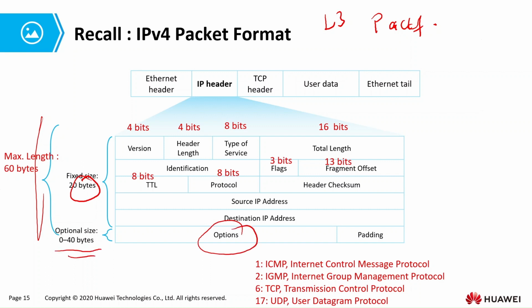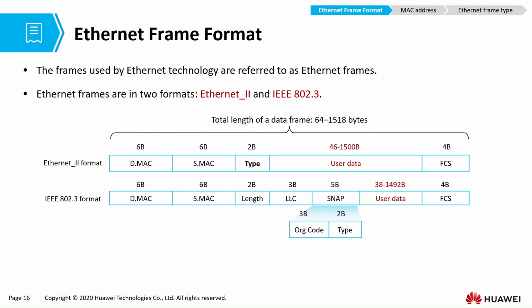Then now we move to layer 2. Recall that at layer 2 the PDU, protocol data unit, is called a frame. Under layer 2 Ethernet, we have two types of frame technology and standard: Ethernet 2 and IEEE 802.3.